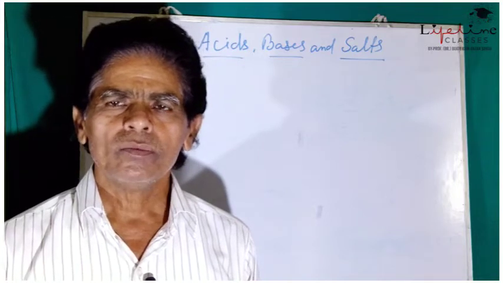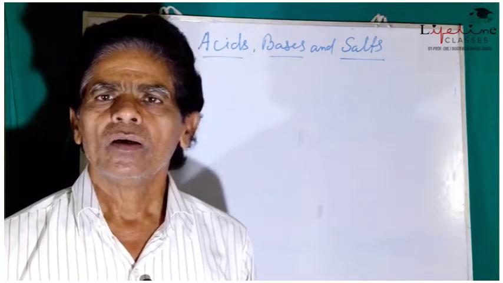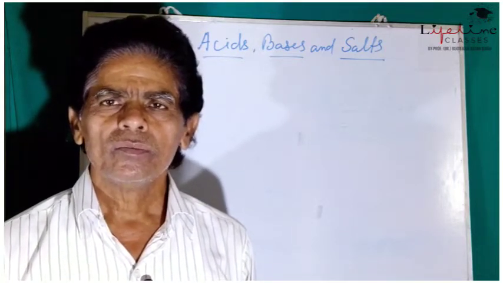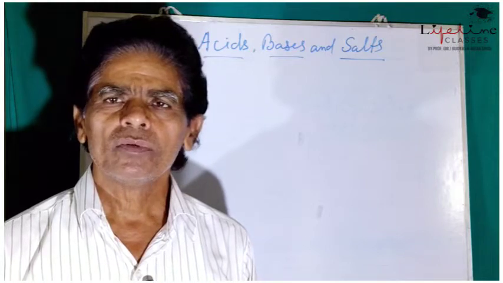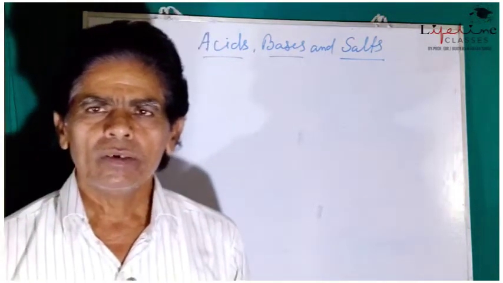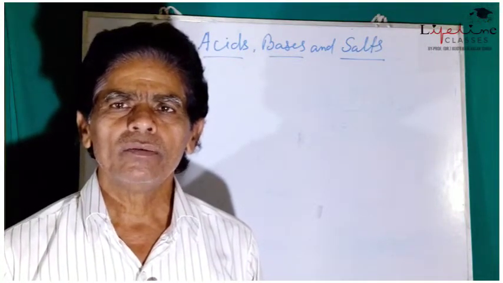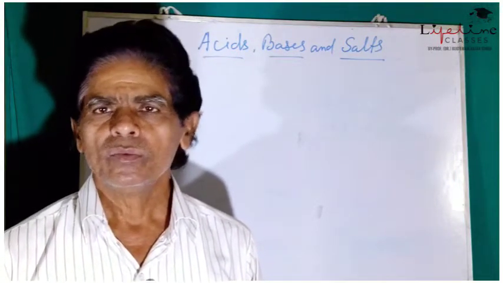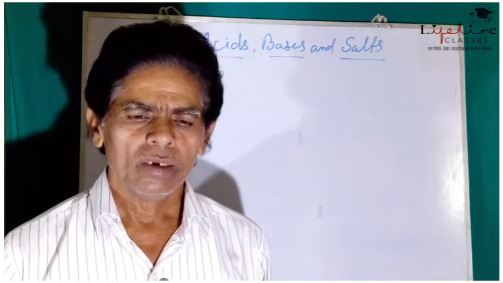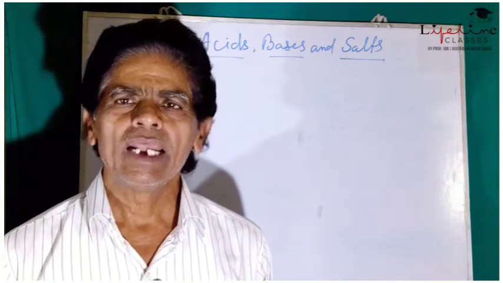The most common natural indicator is the litmus. Litmus may be obtained in the form of solution from a very common thallophytic plant, lichen. Lichen may be considered as the symbiotic combination of algae and fungi.